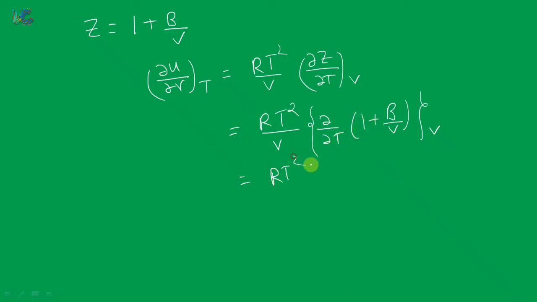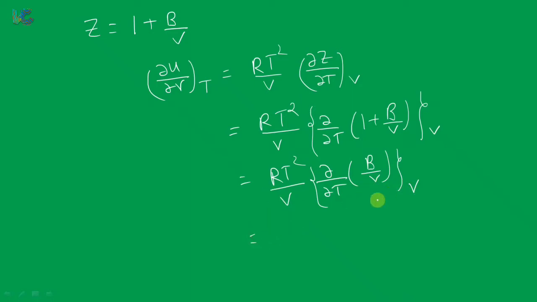So in this case what you will get is RT square by V del T of B by V at constant V. Okay, at constant V.